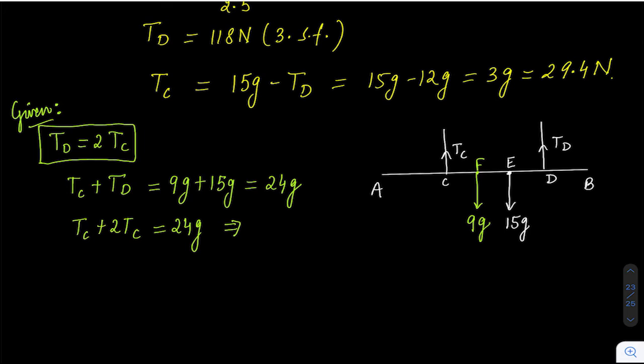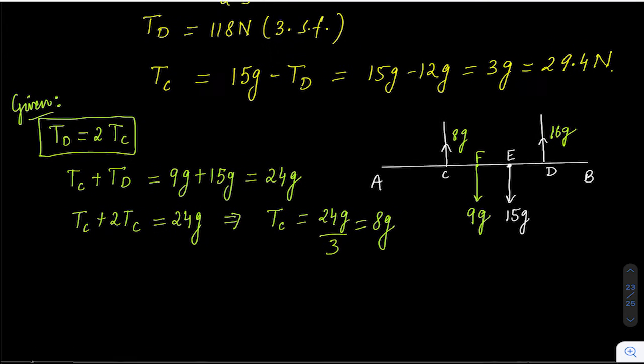So tension at C is equal to 24G divided by 3, which is 8G. So automatically tension at D will be 16G. Okay, so we know the tensions also.